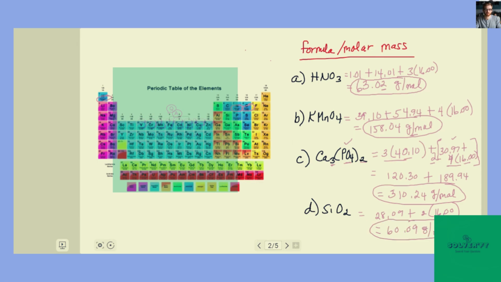So when we add up the oxygen and silicon contributions for silicon dioxide, we end up getting a molar mass or formula mass of 60.09 grams per mole. Now there are a few other examples we're going to look at, but I'm going to switch to a different page and we'll take a look at the additional examples.